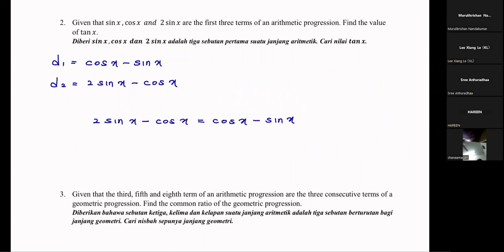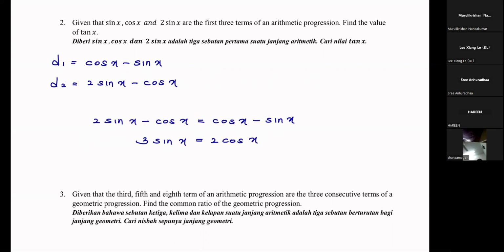I'm going to bring this cos over here. Then I'm going to bring the sine over here. Faham? So you're going to dapat apa kat sini? You'll get over here, you're going to get 3 sine x, right? Bawa sebelah-sebelah, you're going to dapat 2 cos x kan?